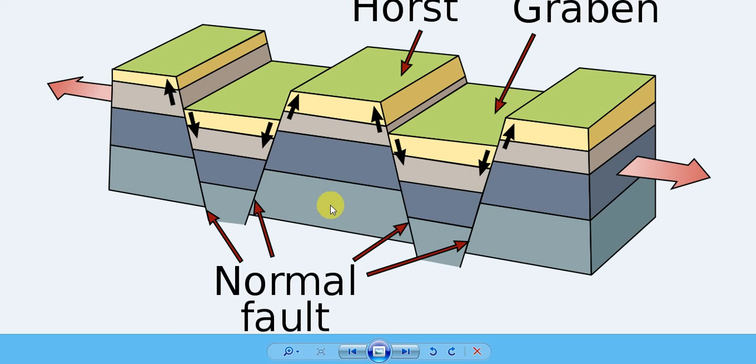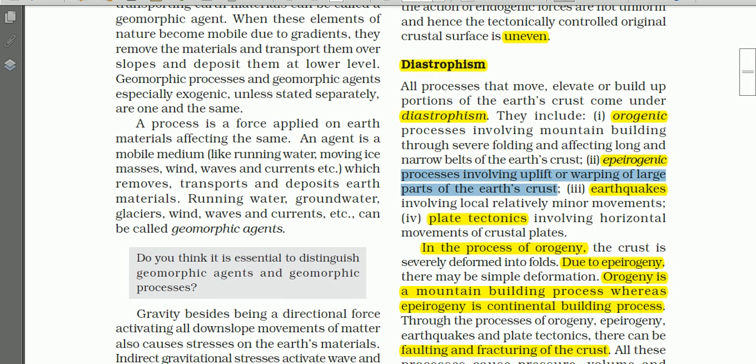Sometimes a large part of the earth crust may be uplifted, thus forming a continent. And here this is a plateau known as horst, and this is graben or rift valley. All these upward or downward movements are known as epirogenic movement, because this type of movement leads to the formation of continents.